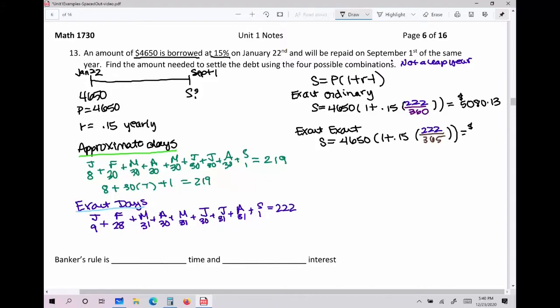And when we do that, we're going to get a slightly different number. This time we get 5,074 and 29 cents.